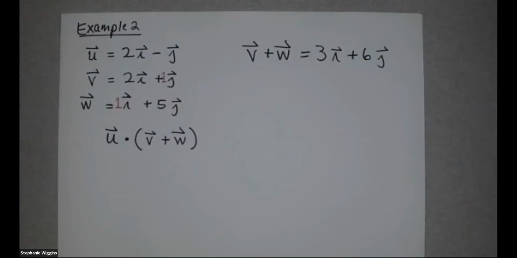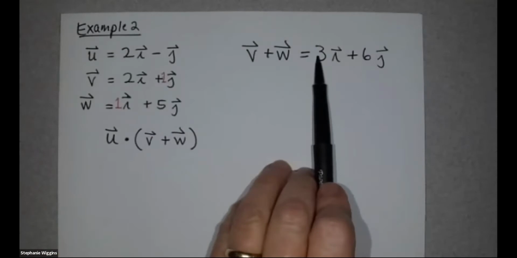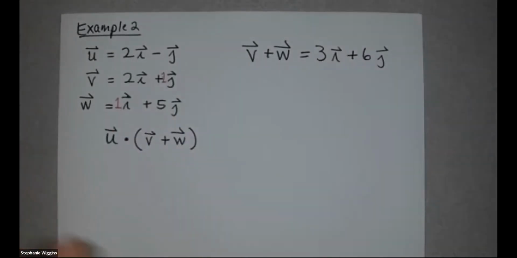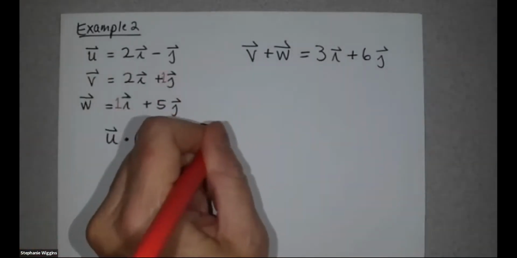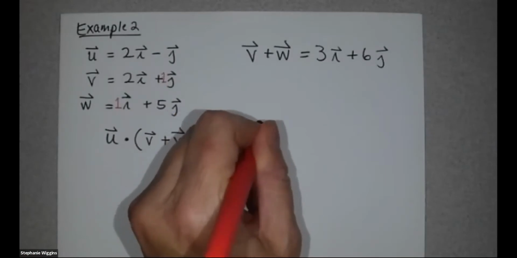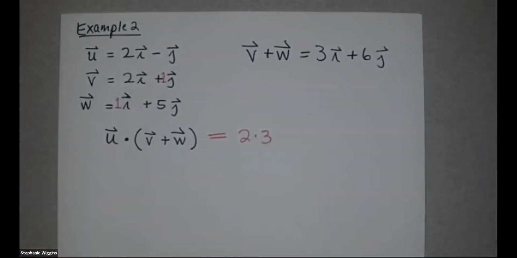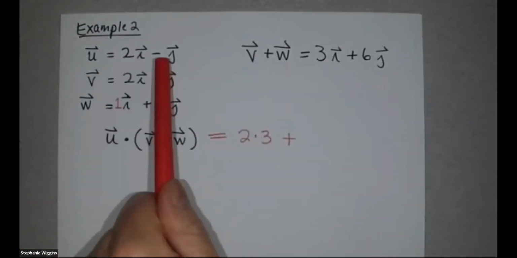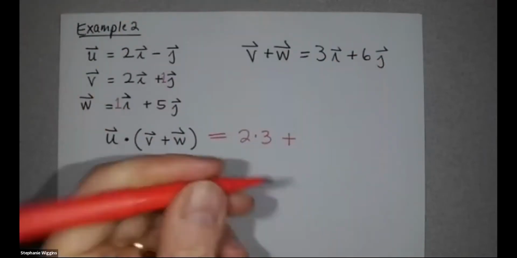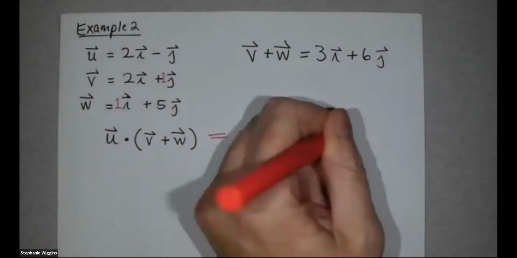And now we're going to take U dot this, right? So we take 2 times 3 plus -1 times 6. See how that works?